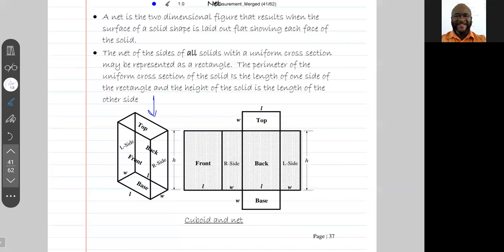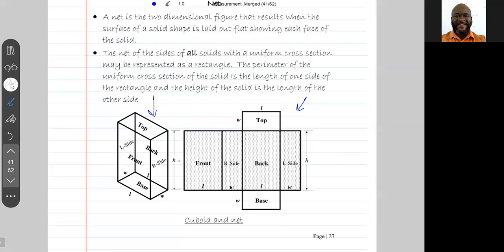And when I open it out, the cuboid becomes this, which is the net. All right, so this is the net of the cuboid. Now, please note, there has to be a connection between the solid and the net. And this is the connection.